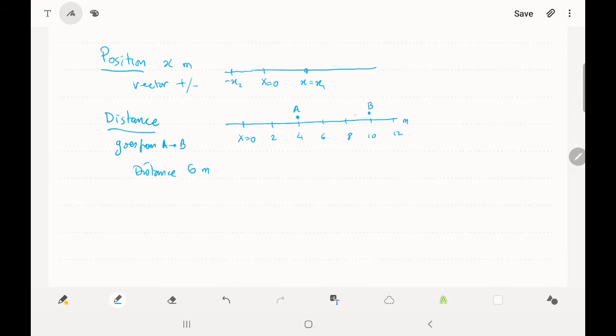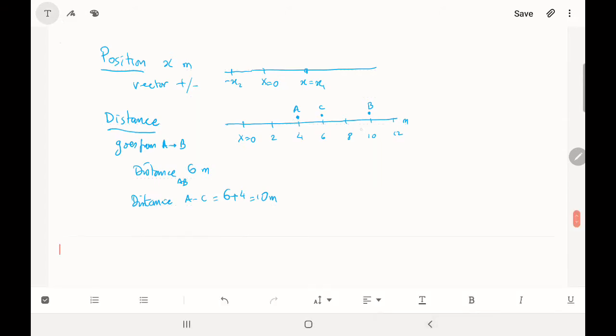So it goes straight and then goes back in reverse up to the point C. So now, this was the distance from A to B, the distance from A to C is going to be 6 units this way and 4 units this way. So it's going to be 6 plus 4. So it's 10 meters. So whether you're going forward or backwards, the distance will always add up. So distance is always a positive number, and it's a scalar.